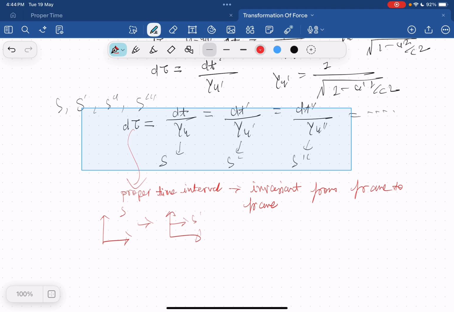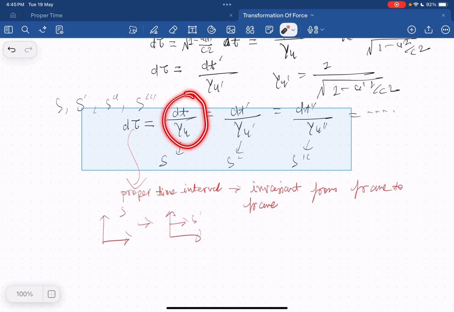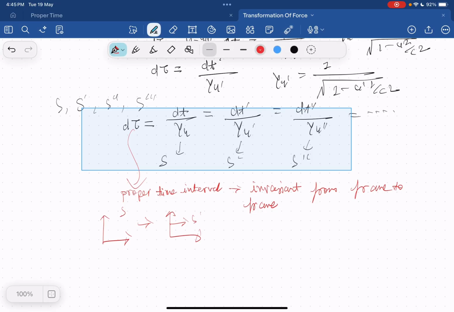The corresponding coordinate time interval changes, the corresponding gamma changes, which depends on the particle's velocity, but the ratio of the two, which is the proper time interval differential, remains invariant. So it is a Lorentz invariant, we call it. In other words, d tau is Lorentz invariant.